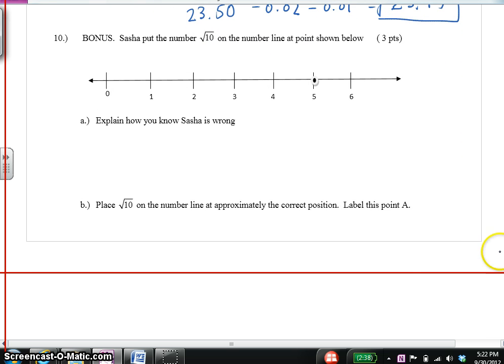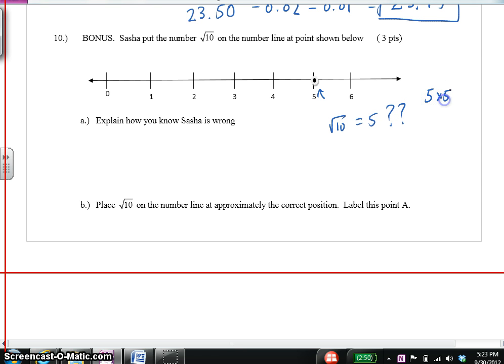All right. Last one, number 10. This was a bonus. Okay, some of you got it. Sasha put the square root of 10 on the number line at the point shown. So Sasha is saying the square root of 10 is equal to 5. Is that true, is the question. Well, what is a square root? The square root of something is the number that we have to multiply by itself to get what we're taking the square root of.